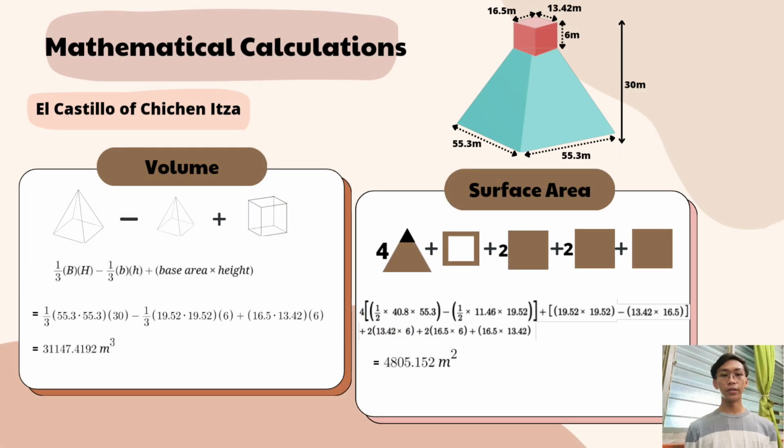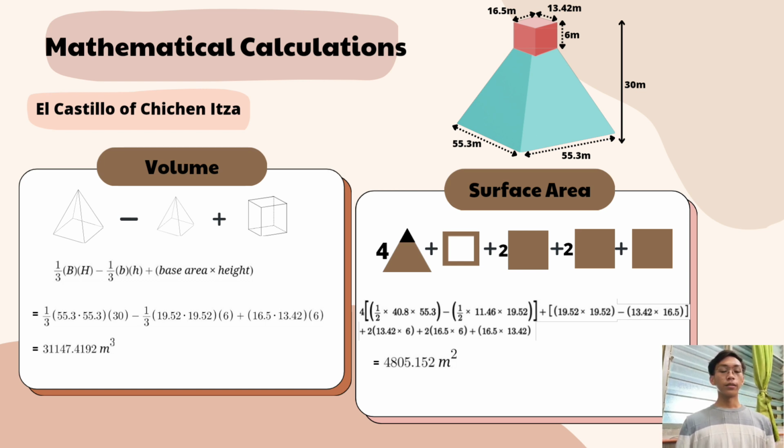As for the surface area, the calculation will be divided into 5 sections. The first section is the smaller triangle subtracted from the bigger triangle for all 4 sides of the pyramid. The second one is the area that is left after subtracting the base area of the temple. Next, we will calculate two pairs of the temple's sides, and we will calculate the area of the top of the temple.